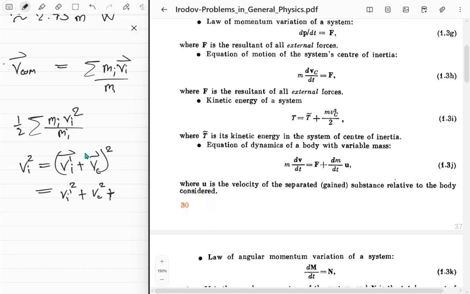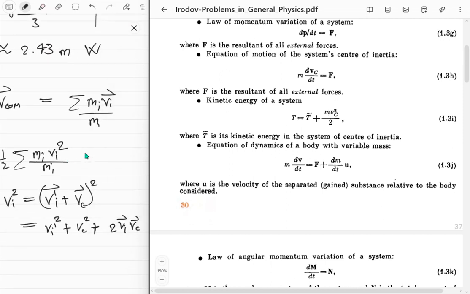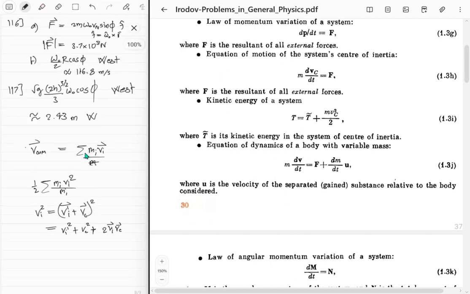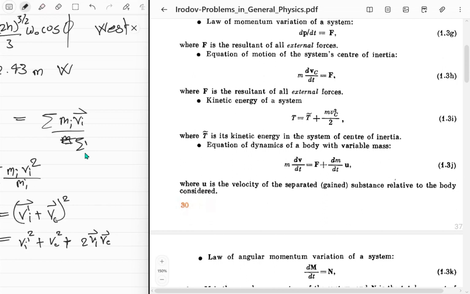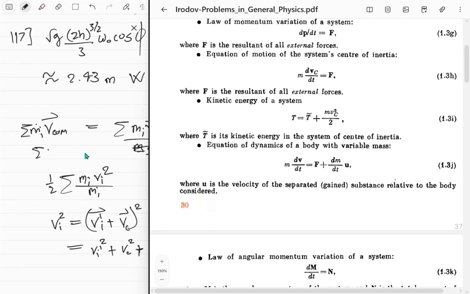2 v_i dash times V_C, right? Now the good thing is that this M is just the summation of m_i basically. We can send this over here, summation of m_i times all of that, and then we can do this thing: summation of m_i times v_i vector minus V_COM vector, so V_C basically, that is equal to 0.